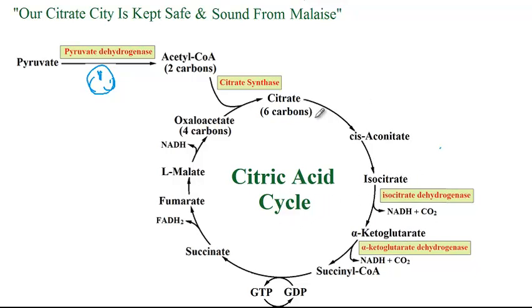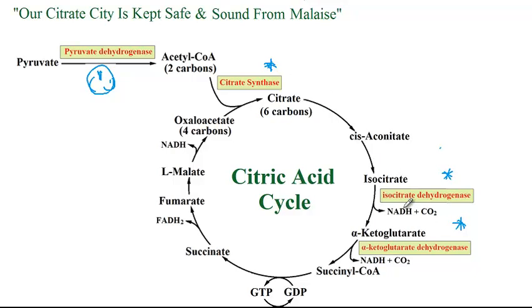If you look at different sources, some of them say, oh, isocitrate is the rate limiting step of the citric acid cycle. Another book may say, oh no, it's the alpha ketoglutarate. After reviewing multiple different sources, the conclusion that I came to is that all these 3 enzymes, citrate synthase, isocitrate dehydrogenase, and alpha ketoglutarate dehydrogenase, all 3 are the rate limiting enzymes, except that under different circumstances one of them may be more important than the other.